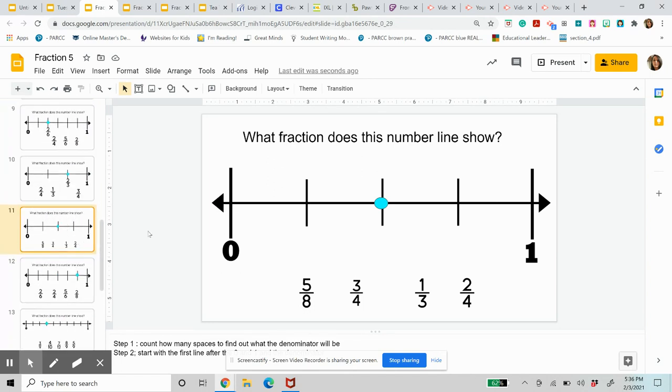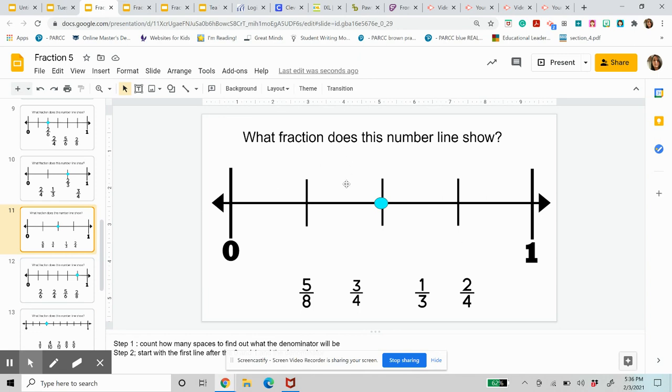Okay, over here, what fraction does this show? Is it 5/8, 3/4, 1/3, or 2/4? On slide 11.